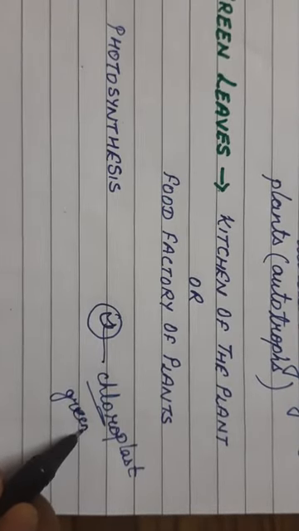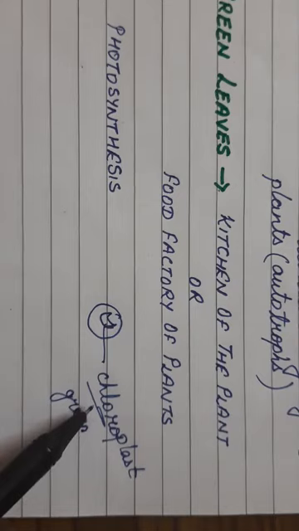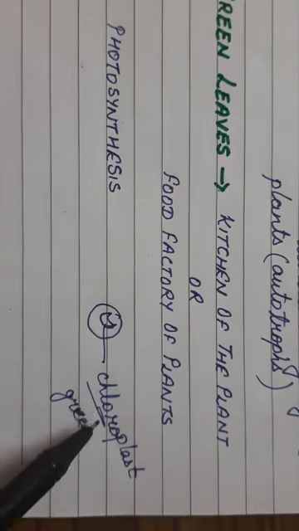Chloro means green, and plast means where the food is prepared. Okay, so these chloroplasts prepare the food.